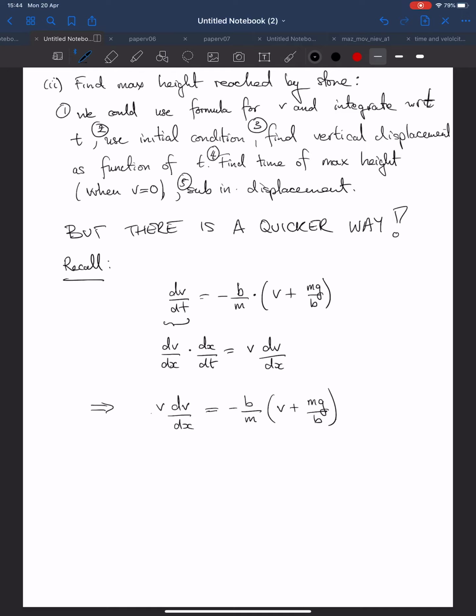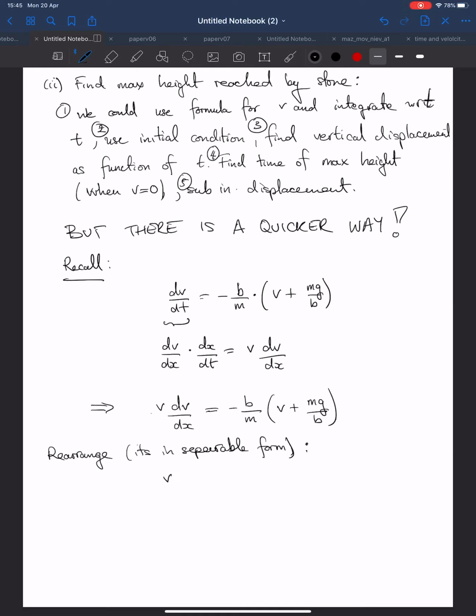Okay, so what do we need to do? Well, again, it's in separable form. We can handle it. So rearrange, so that we get everything with v on the left next to the derivative of v with respect to x, and then whatever else is on the right.